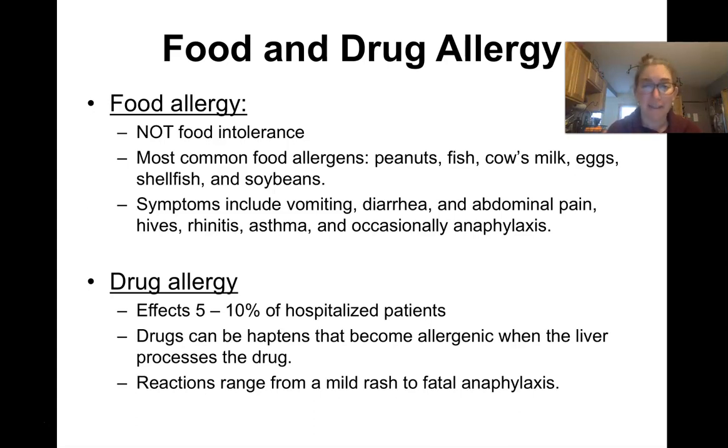Now, drug allergies are similar. Whether the drug is ingested or injected or put on the skin topically, if you're allergic to it, you're going to be allergic no matter what the route of administration.